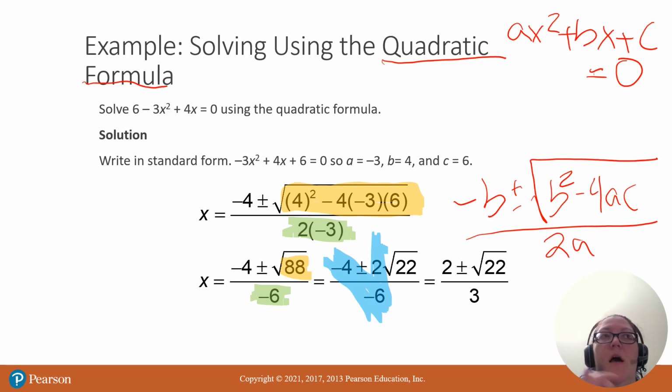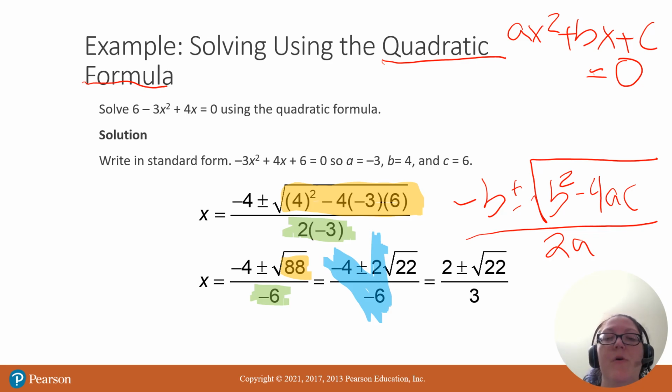But just so you are aware, a lot of math programs don't like having the negative in the denominator. So a lot of times they are going to ask you to go ahead and pull that negative out of all of those. And guys, when you take a plus and pull out a negative, it becomes a minus. And when you take a minus and pull out a negative, it becomes a plus. So that doesn't really make a huge difference for what's in front of the radical, but it will make a difference in front of that negative b.